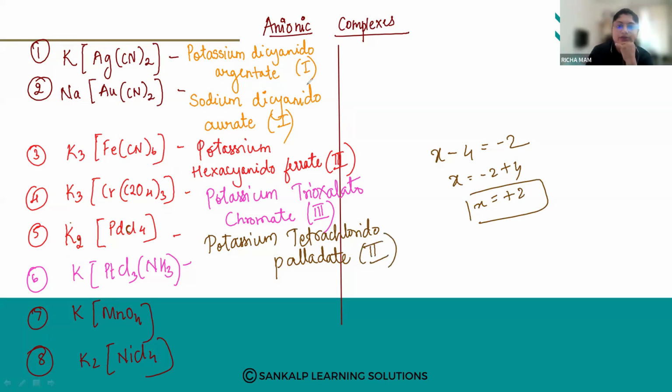Very good. So potassium tetrachlorido, four are there, and four means tetra. So tetrachloridopalladate(II). Okay, sixth one.